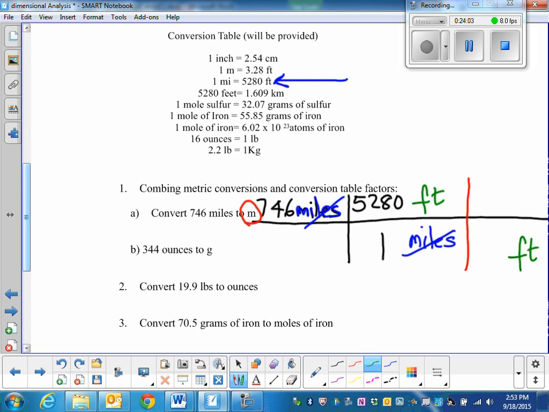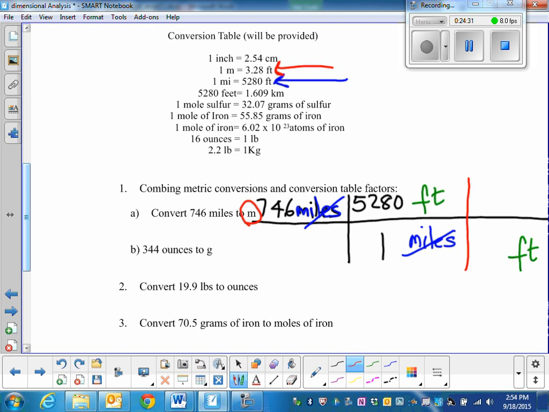So I'm now looking for a relationship with feet in it. Do you understand? I go back up and I look for a relationship. Yes, this one has feet and miles, but then I'll be going in circles, right? I started with miles. So what I'm going to do is, I'm going to look at the next relationship with feet. What does that convert the feet into?